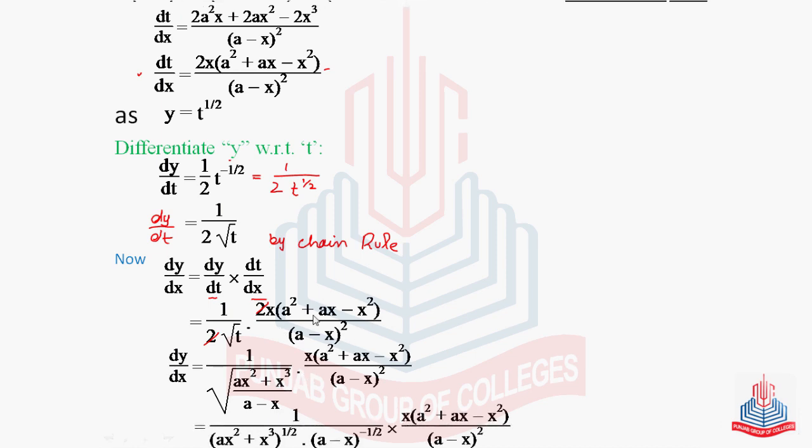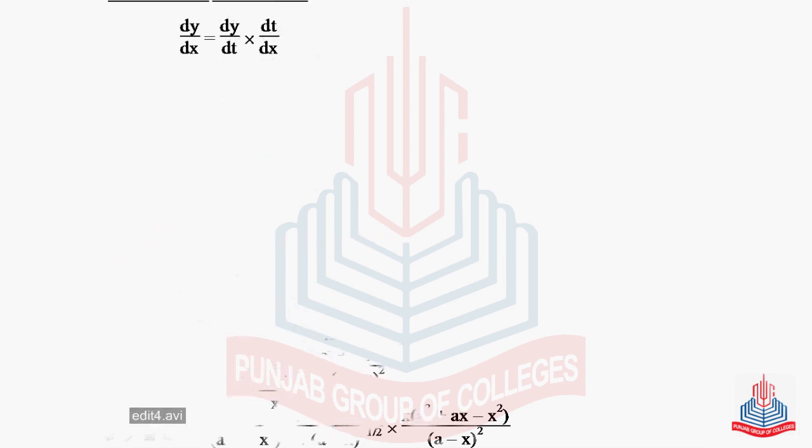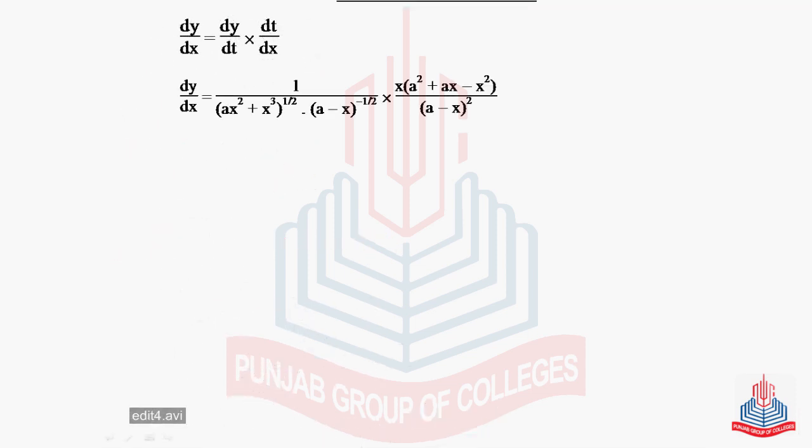So this is of the form 1 over ax square plus x cube raised to the power 1 by 2, and a minus x is also with power 1 by 2, but when we shift it into the numerator, that will become a minus x raised to the power minus 1 by 2, and this is exactly the same thing. So again, substituting the values, that will become exactly the previous step was ax square plus x cube raised to the power 1 by 2 a minus x.